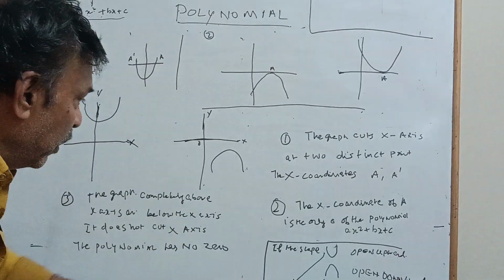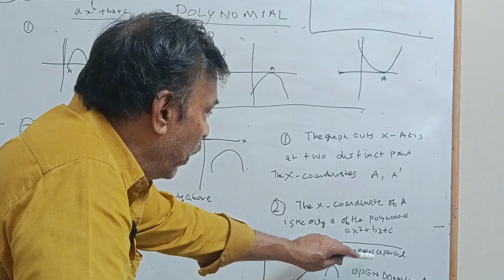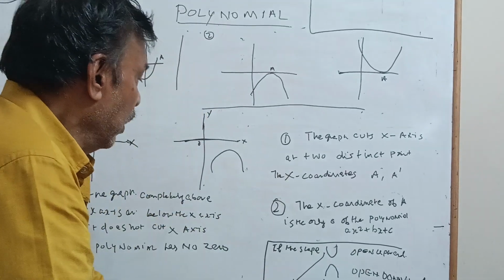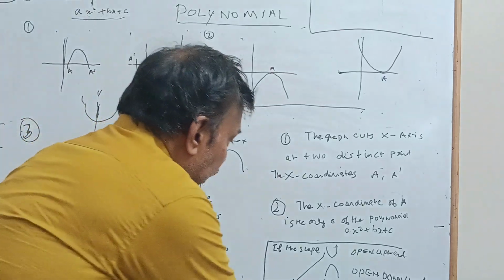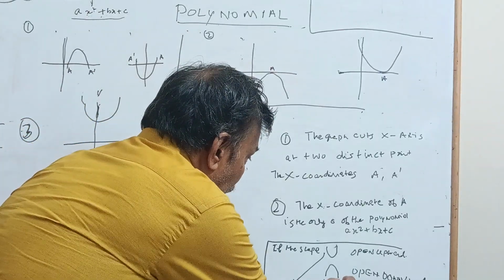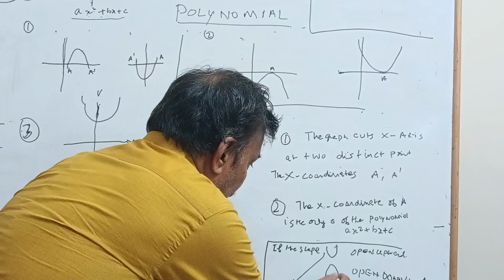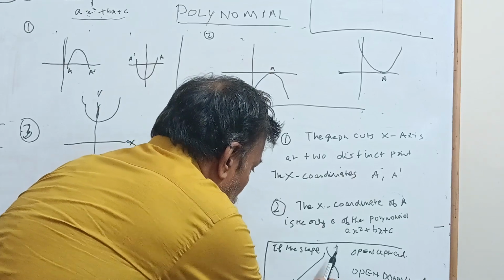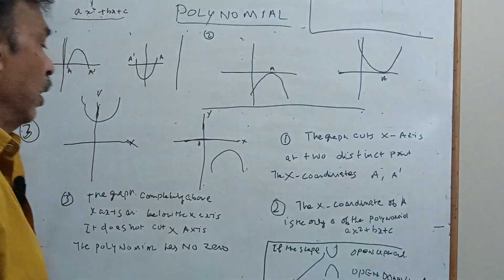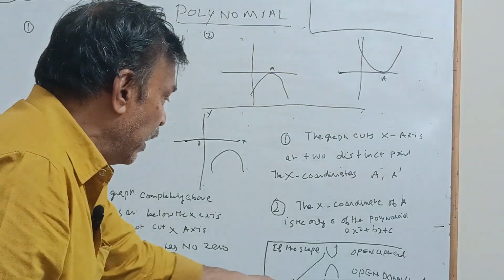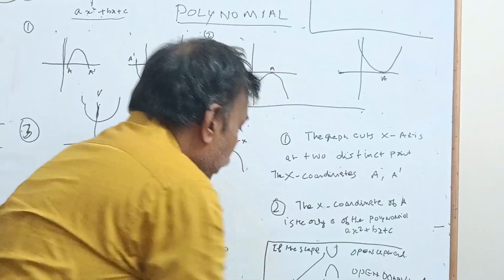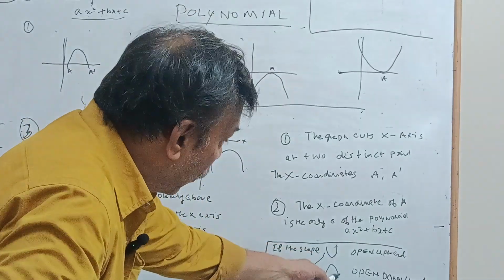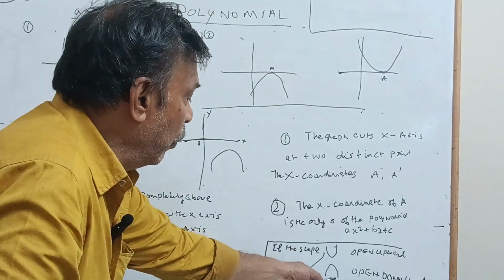If the shape opens upward like this, a is greater than 0. It may be 1 or 2 or something like that. This a is positive. If a is less than 0, if a is minus 1 or minus 2, the parabola will open in the downward direction.